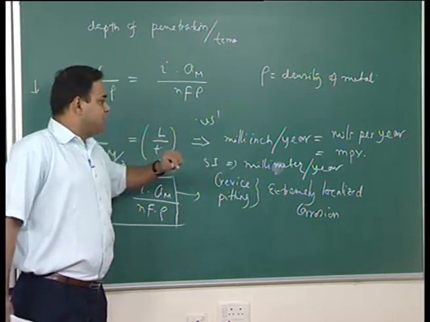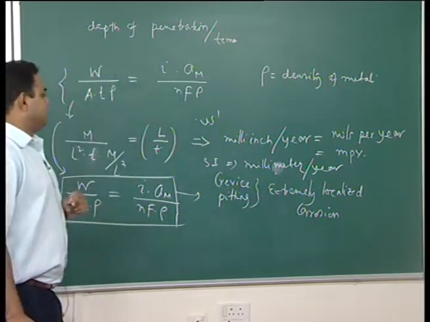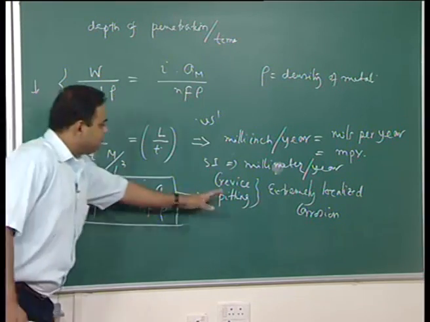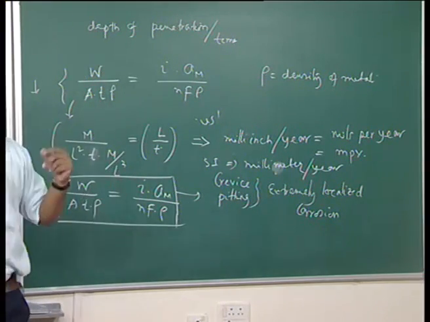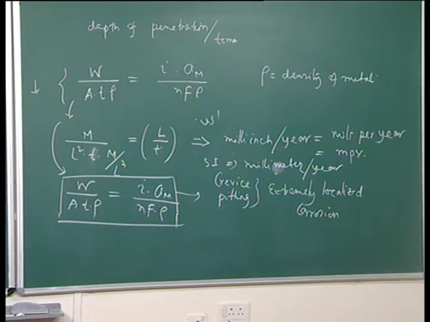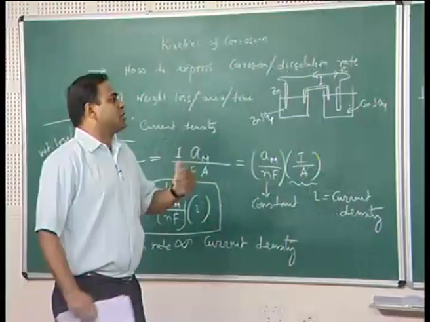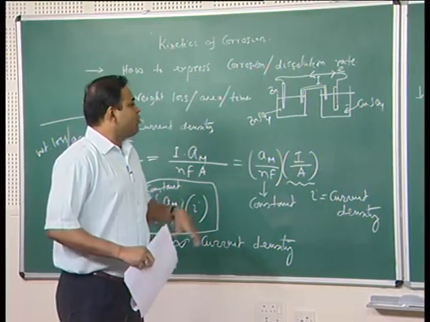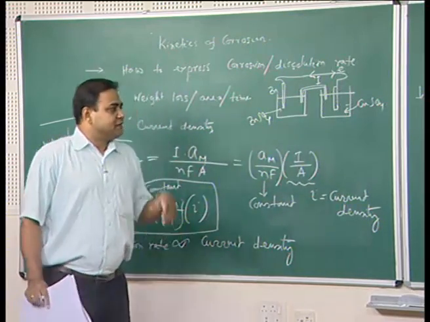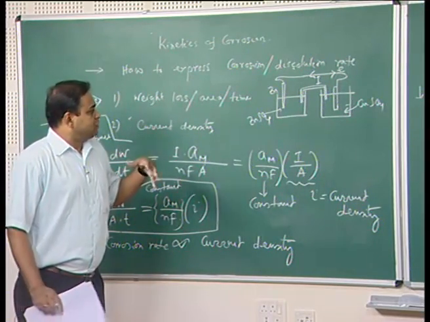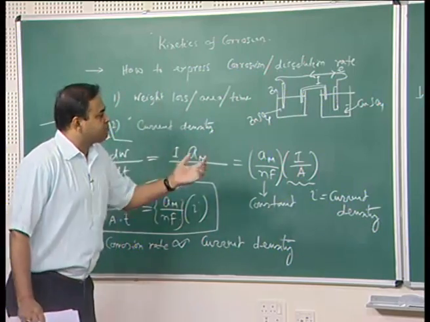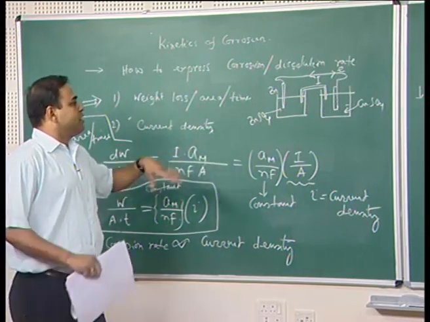One is MPY, one is millimeter per year, and that is used for crevice or pitting or extremely localized corrosion, and MDD is used in the case of uniform corrosion. Now, with this concept, let us solve some problems, then things will be much more clear.